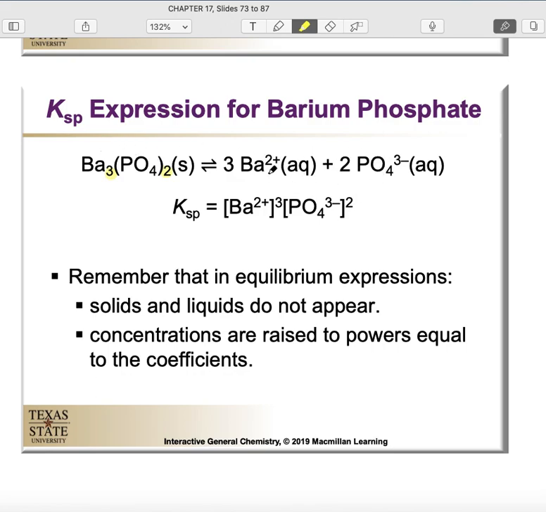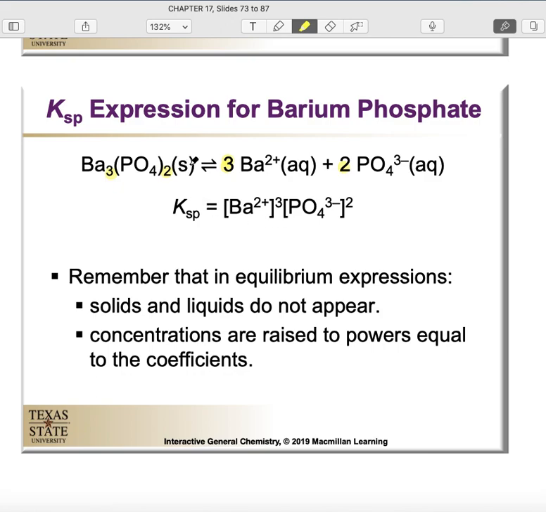And then after that, we balance the equation by putting coefficients on the ions. So for the barium, we needed 3 barium ions, therefore we put a coefficient of 3 here. And for phosphate, we have a total of 2 of those ions in barium phosphate, so we're going to put a coefficient of 2 here. From there, we can now write our equilibrium constant expression, or Ksp, by taking the product concentrations, each of them raised to its coefficient, so 3 here and 2 here for the phosphate.